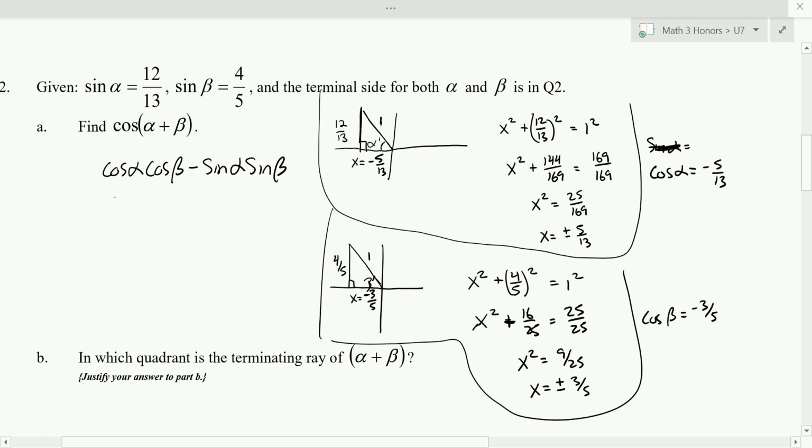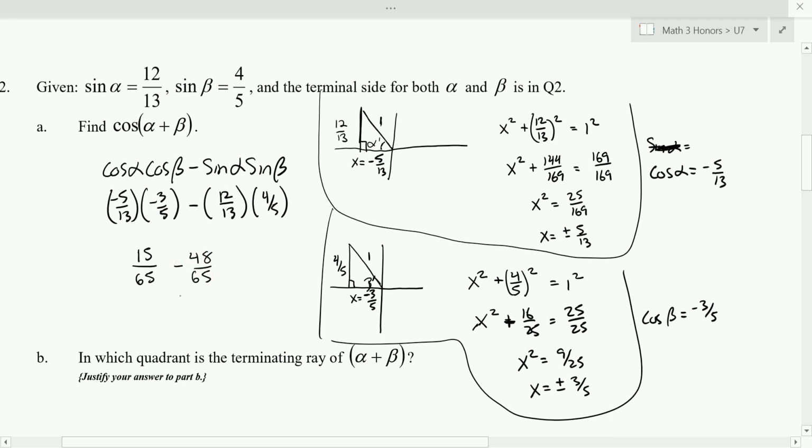Cosine of alpha is negative 5 over 13. Cosine of beta is negative 3/5. Sine of alpha is 12 over 13, and sine of beta is 4/5. When we multiply our fractions, we get positive 15 over 65 minus 48 over 65.